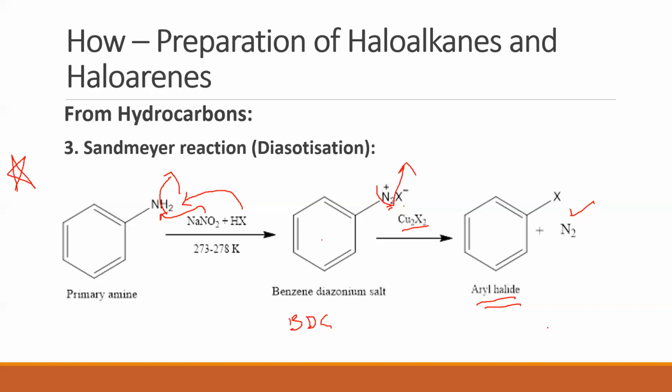Now BDC then further reacts with copper halide. Now when it reacts with copper halide, nitrogen is eliminated. Upon elimination of nitrogen, the halogen gets substituted in place of the nitrogen on the benzene ring, giving us the aryl halide. This reaction is called Sandmeyer reaction.